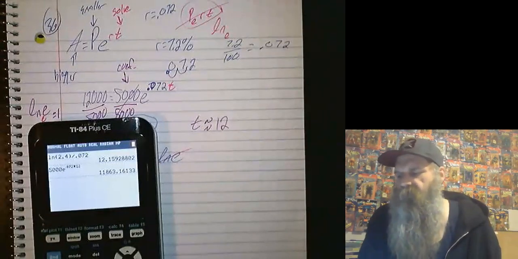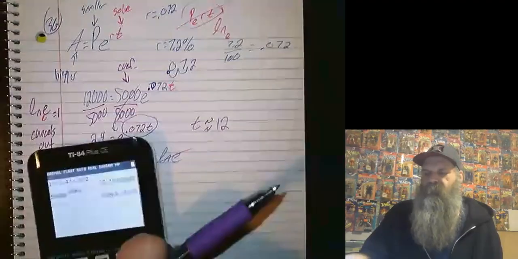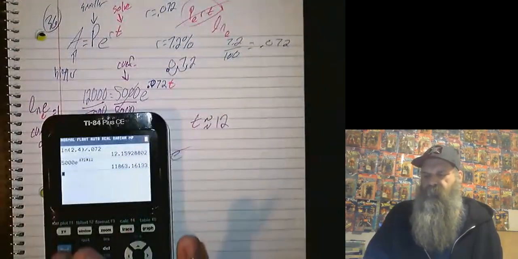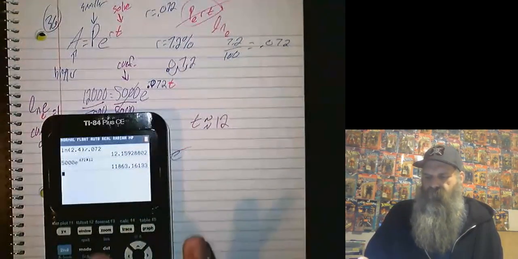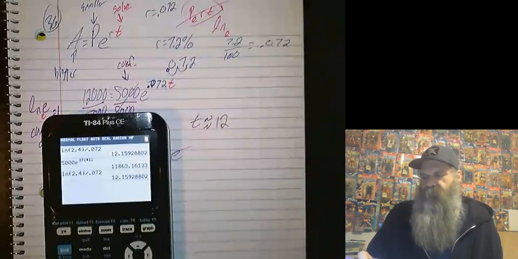And we get a little far away from 12,000. Let me check myself. I'll do natural log of 2.4 divided by 0.072.